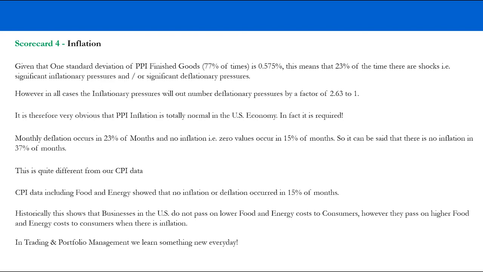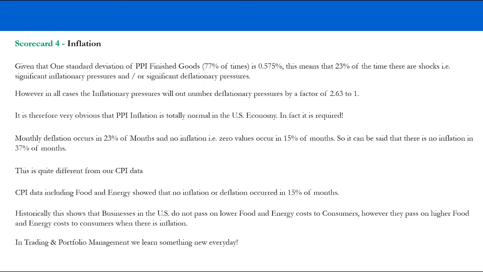And these can be considered shocks. So either significant inflationary pressures or significant deflationary pressures. However, in all cases, the inflationary pressures will outnumber deflationary pressures by a factor of 2.63 to 1. So again, it's very obvious that inflation is normal.